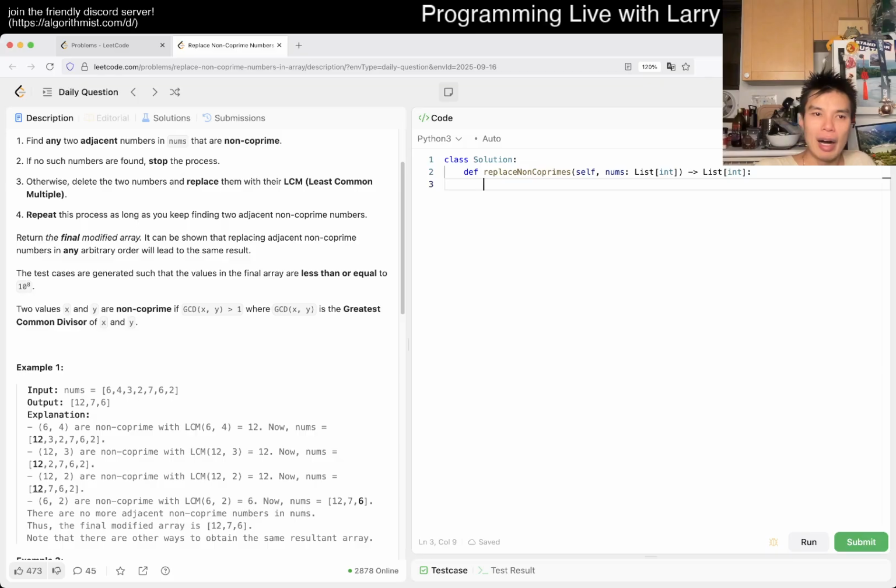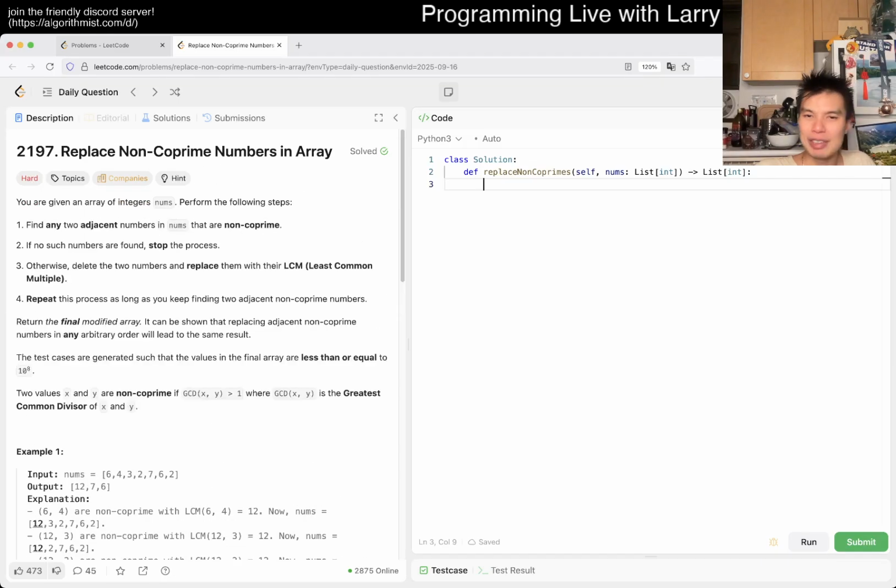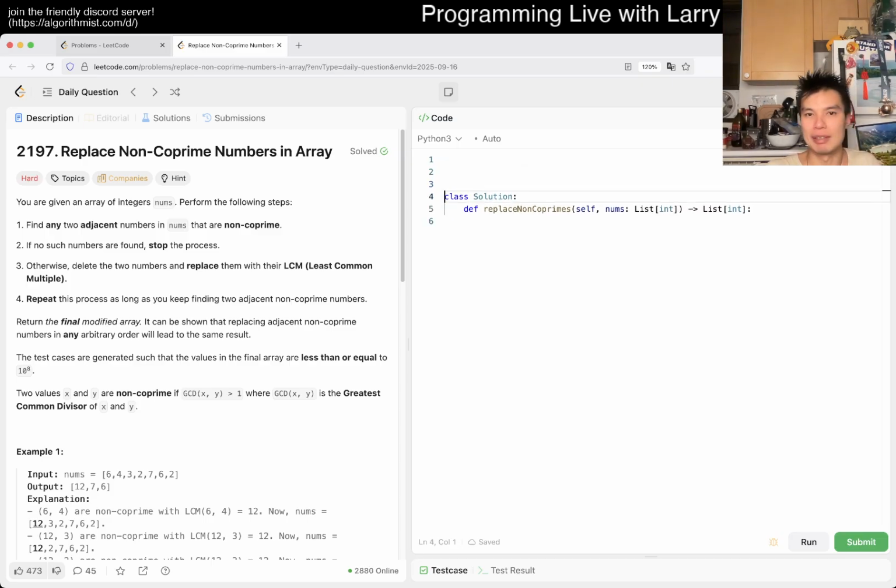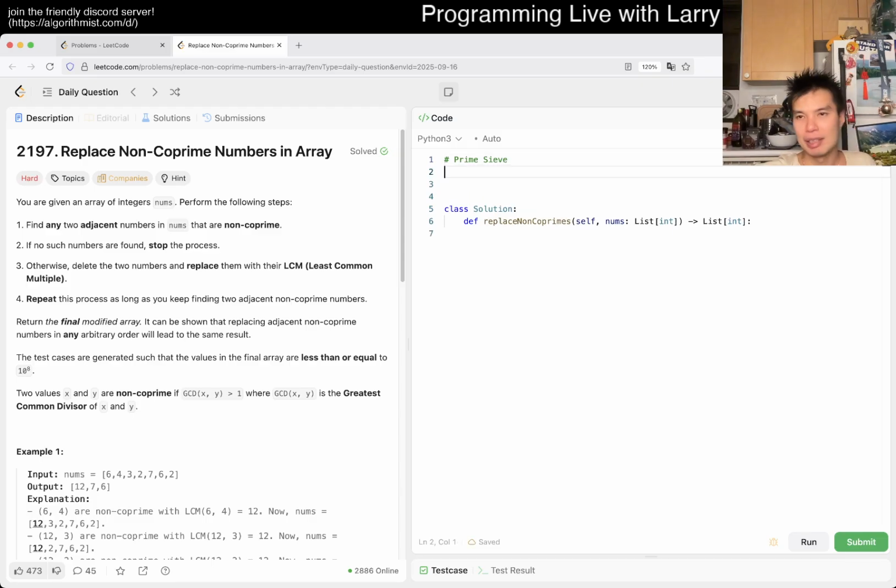Okay. I don't know how to quite describe what I want to do today, but the idea is this prime sieve idea, right? For this particular one it wouldn't necessarily be a prime sieve, but we can do something like for x in range up to some number max.